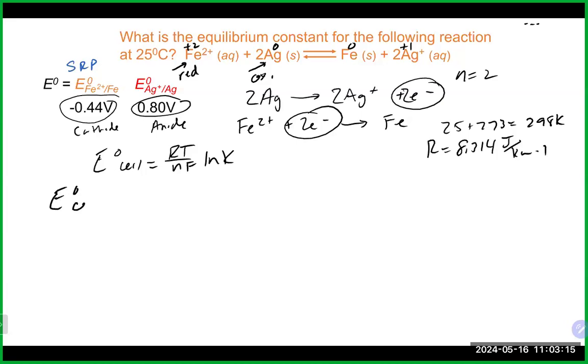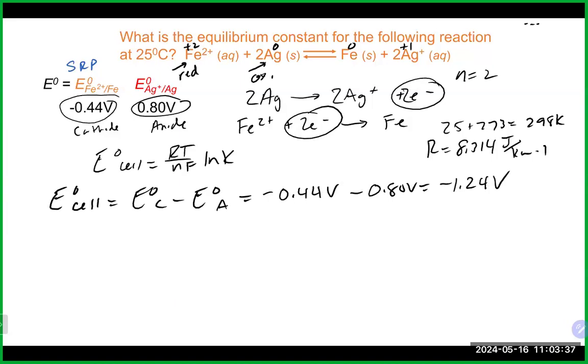So E of our cell here is going to be our cathode minus our anode. And once again, I'm not going to change the sign in this case. So we're going to go minus 0.44 volts minus 0.8 volts. That's going to get us there, minus 1.24 volts.